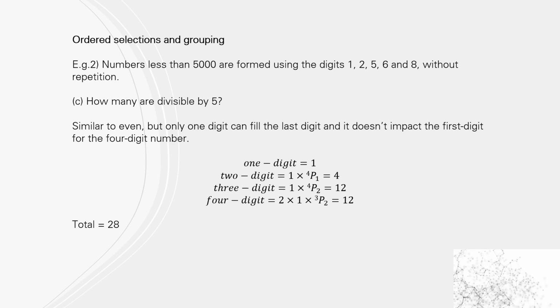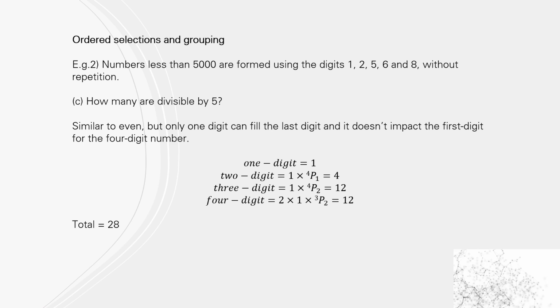And therefore we're going to treat this similar to the even, but we're only going to have 1 digit at the end, the 5. And because it doesn't impact the first digit like the even one did, where one of our even numbers could have been the first digit, we don't need to separate for the first digit with a 4-digit number. We still need to focus on the fact that it's less than 5,000.